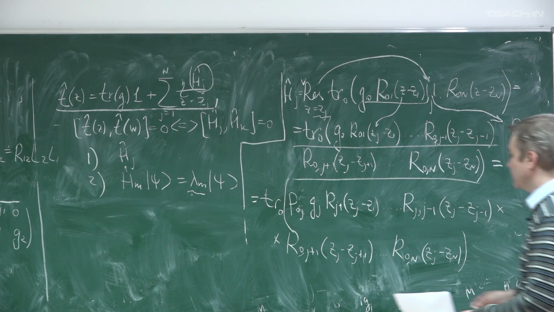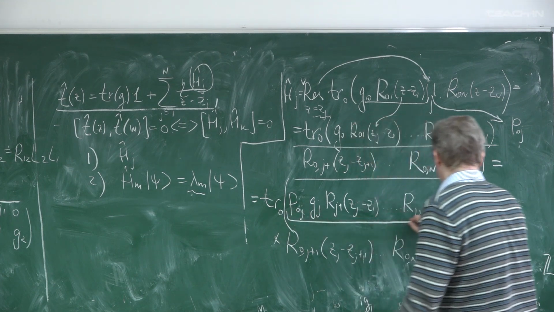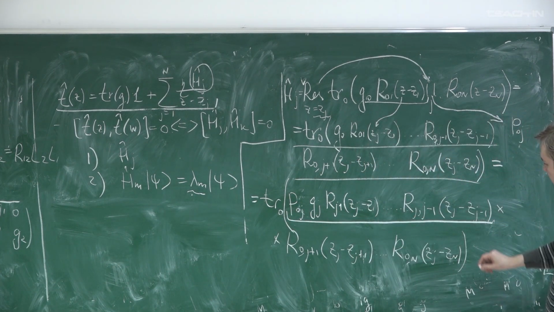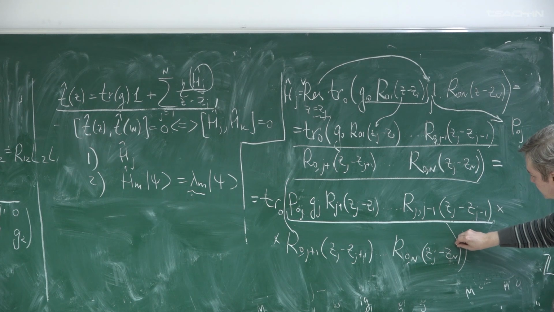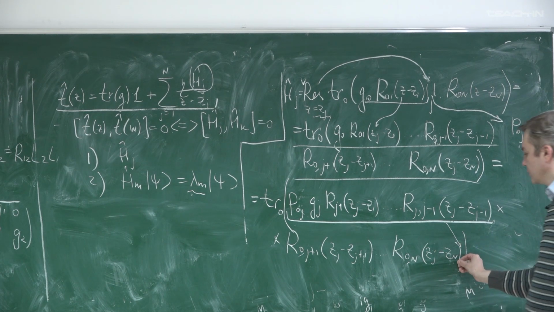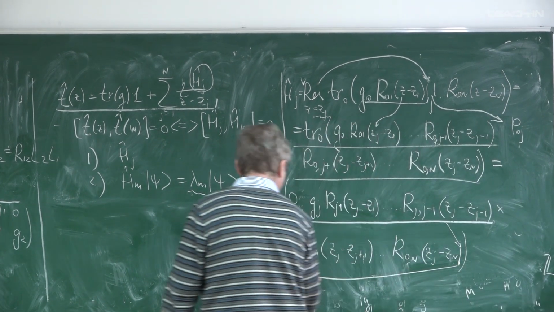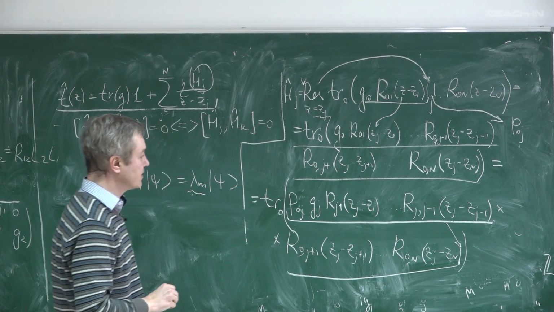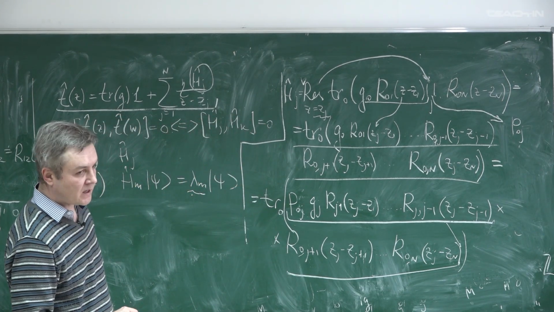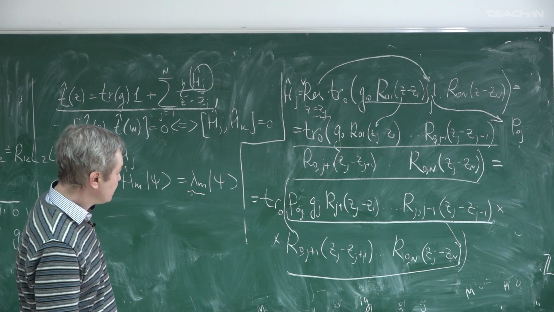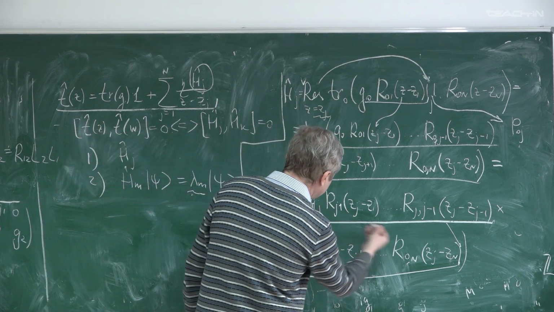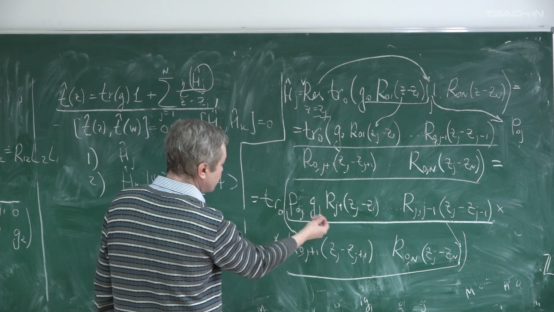I want to move all this expression to the end of the product here, because I can change the order of the first line and the second line. And then, after I do it, I again move this permutation operator to the left.